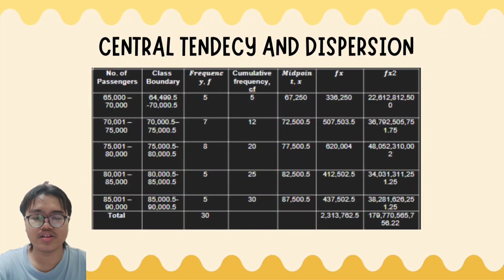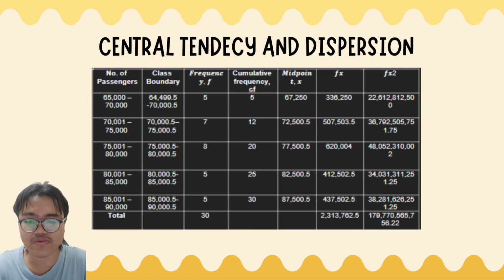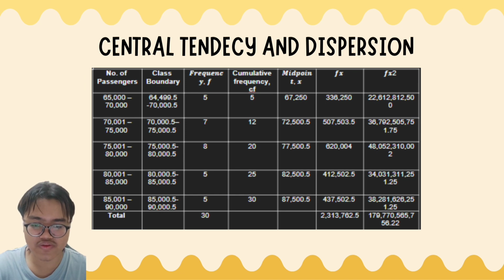Okay, the next slide is showing a table, which is central tendency and dispersion. This table breaks down the dataset for statistical analysis, showing key measures of central tendency and dispersion. The class boundaries define the interval for the number of passengers. Frequency F indicates the number of occurrences for each interval.